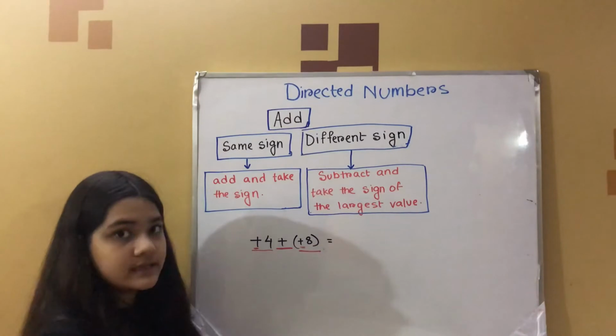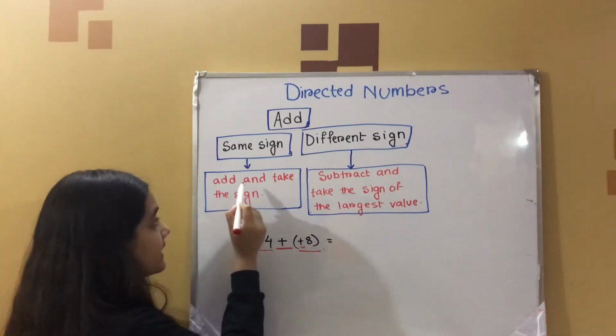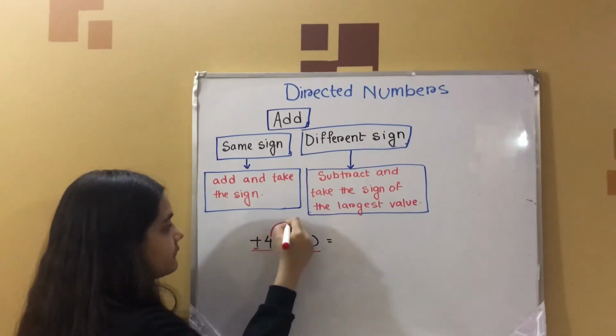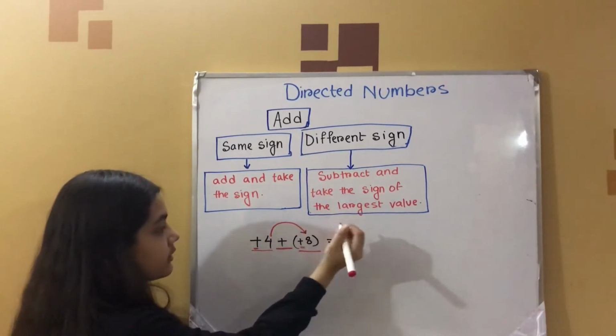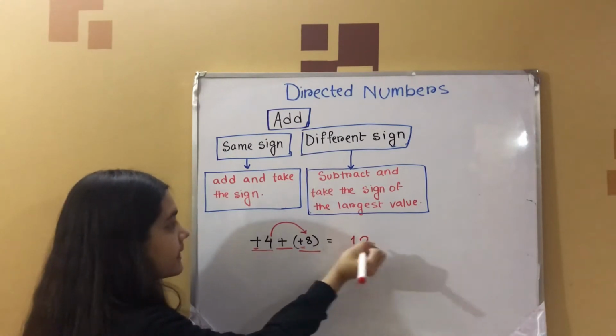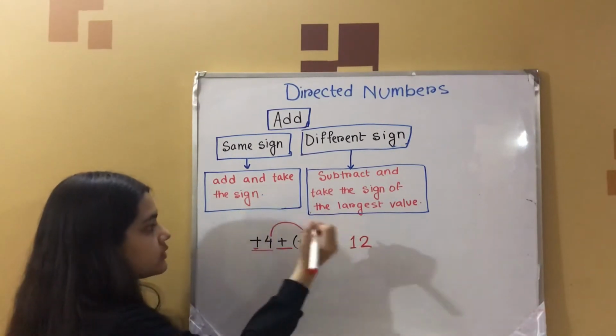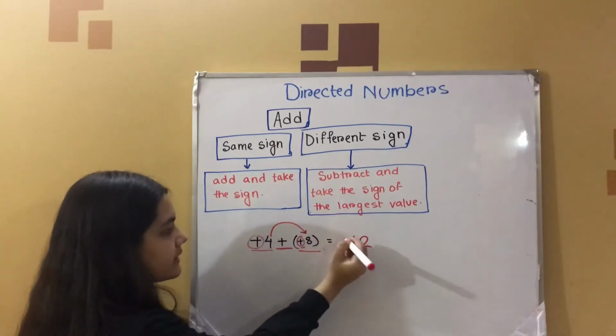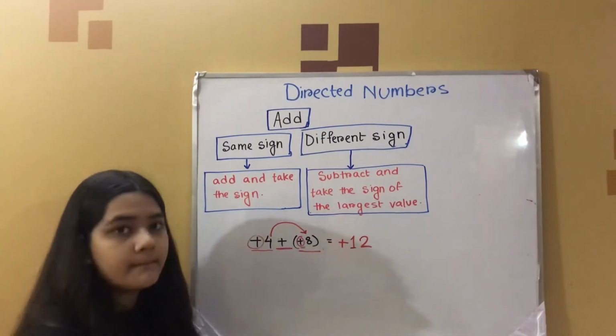To find the answer, we are going to add and take the sign. That means we are going to add 4 and 8. 4 plus 8 is 12. And take the sign. They have plus sign before them. That means the number will be positive.